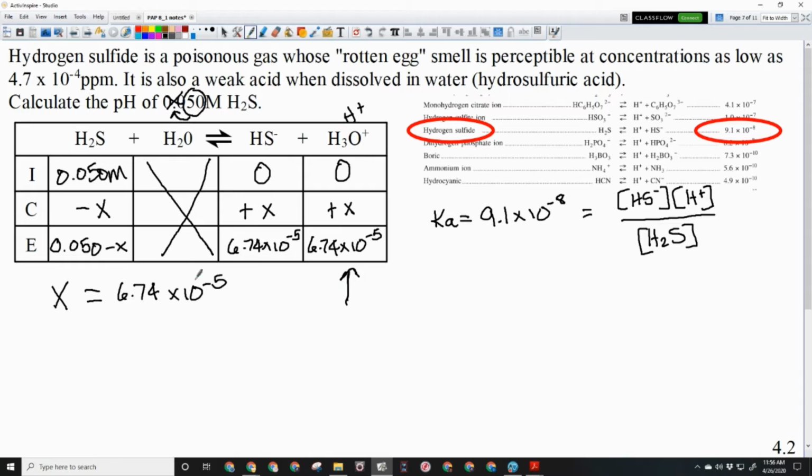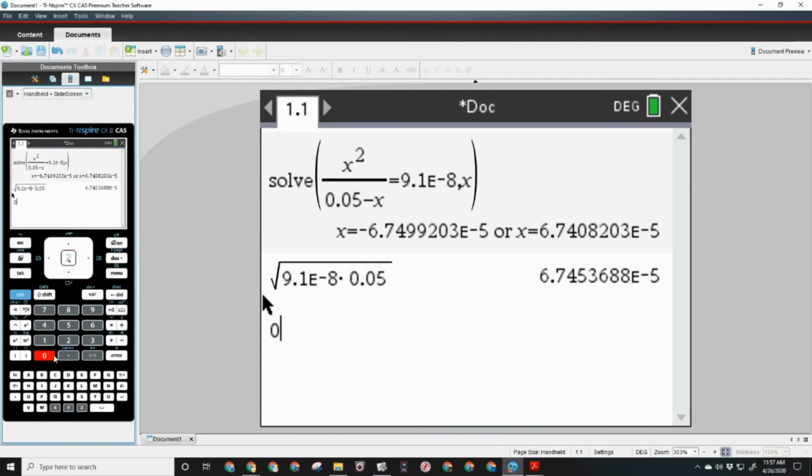All right. And so let's calculate this. 0.050 minus 6.74 times 10 to the negative fifth. All right, so when we go to our calculator, 0.050 minus 6.74 times 10 to the negative fifth is going to give us a concentration of 4.99 times 10 to the negative 2.